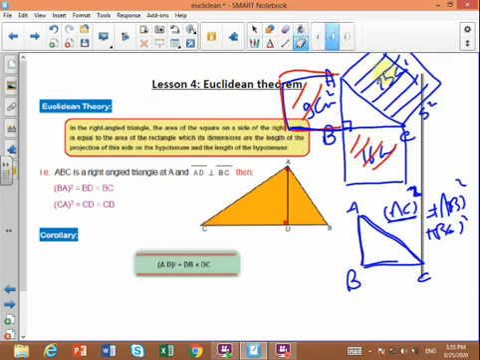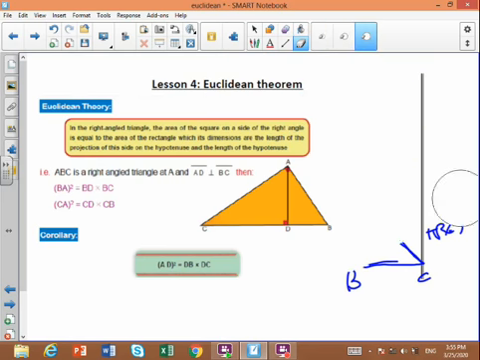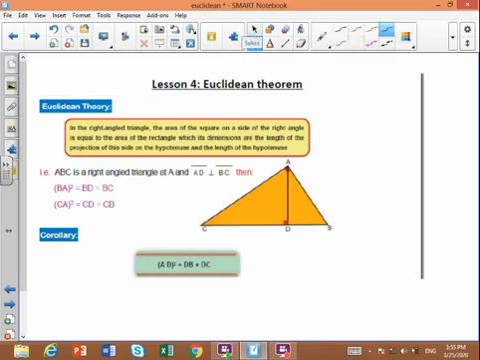This was Pythagoras. Okay, what did Euclid add to Pythagoras, or what did he discover that is something else than Pythagoras?